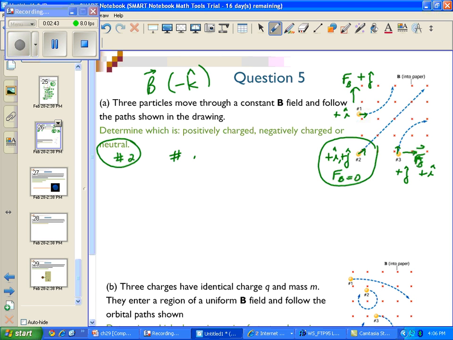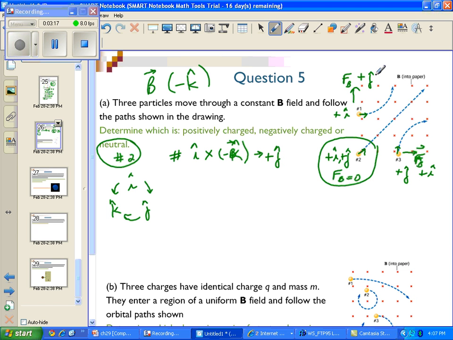If we cross that with negative k hat, which is B, let's do our little wheel here. i hat cross k hat is minus j hat, but because we have minus k hat, that gives us positive j hat for the direction of FB.